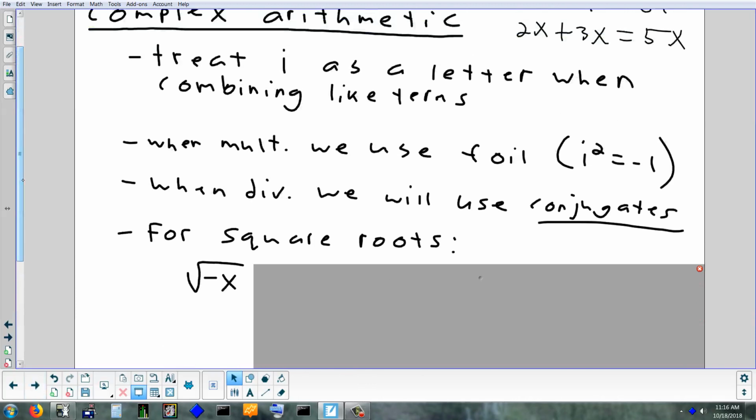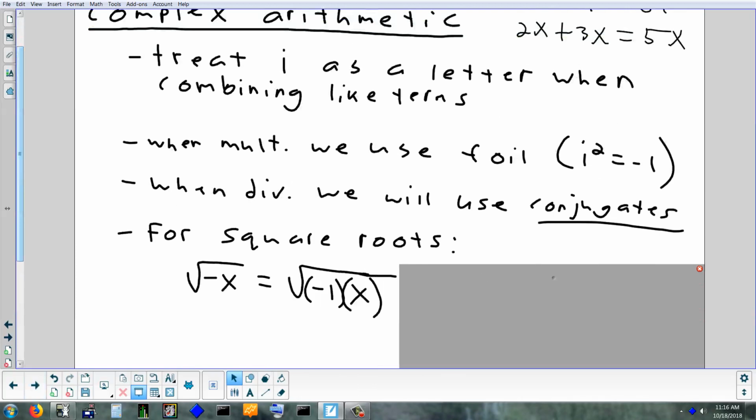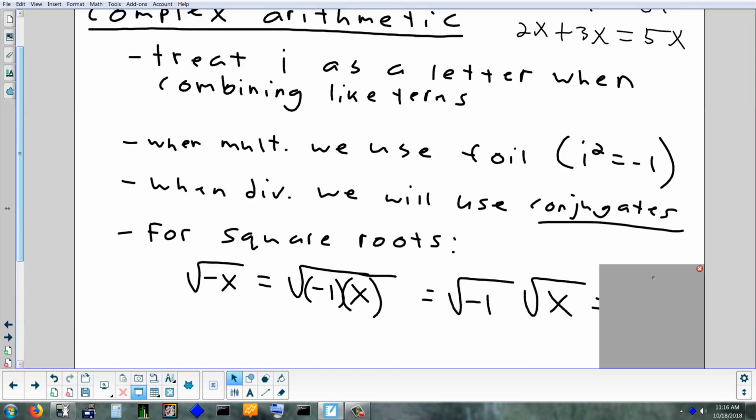So if I had the square root of -x, what number is in front of x, even if it's not written? Yeah, in this case, it's a -1. So if you want, you could think of it that way. It's the square root of -1 times x. Well, when you have a product, you can break it apart so that each factor has its own root. The square root of -1 times the square root of x.